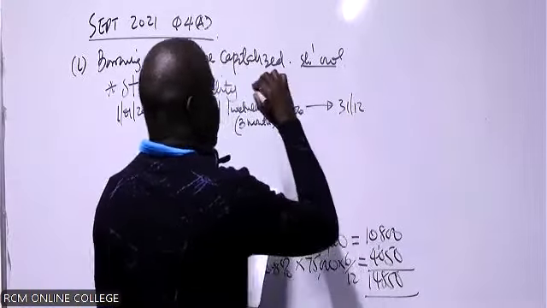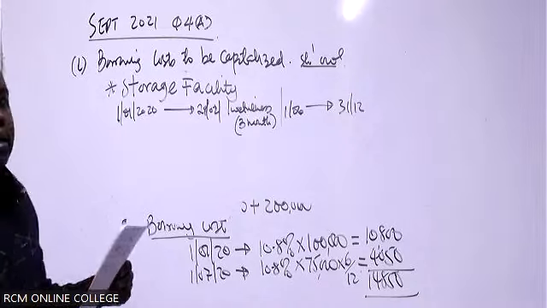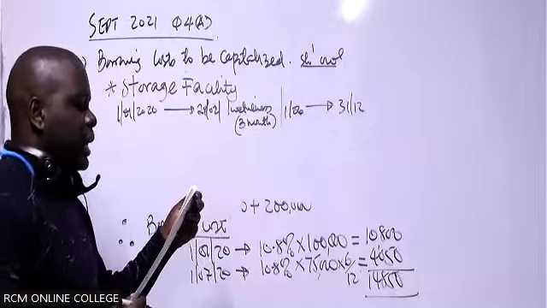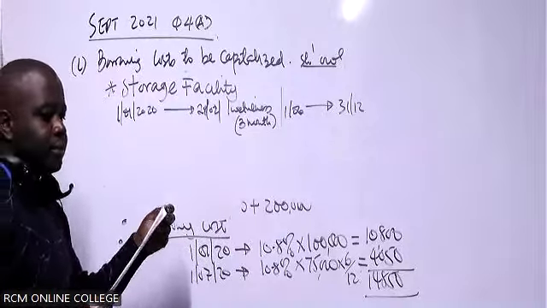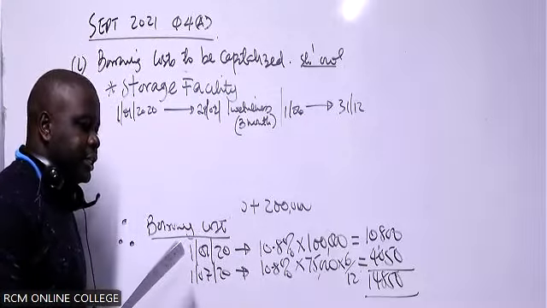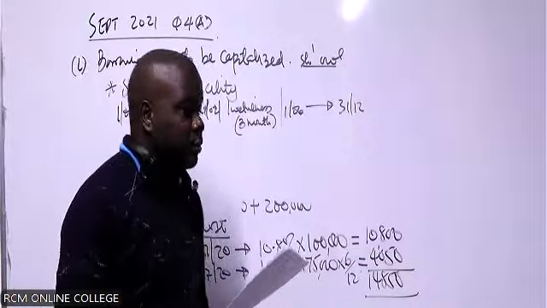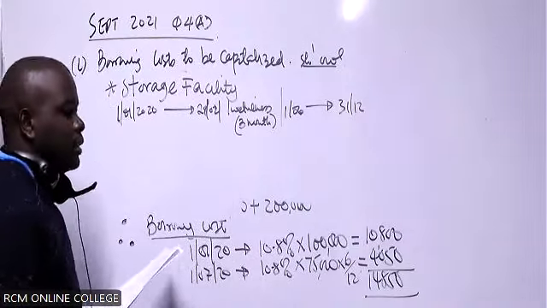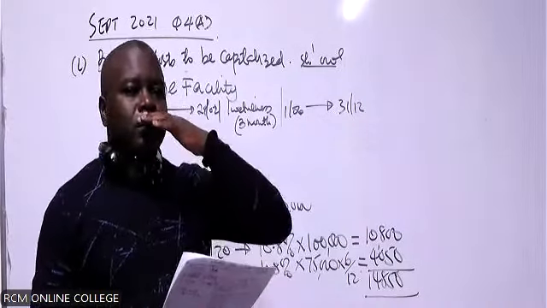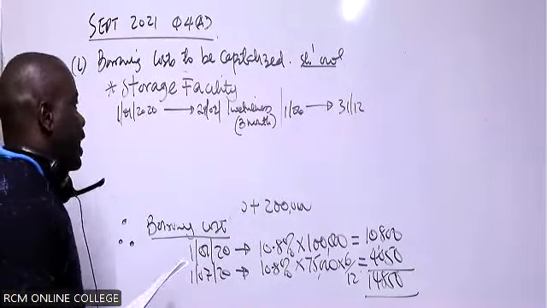So overall, the period of active construction was how many months? It was 9 months. 9 months is correct.